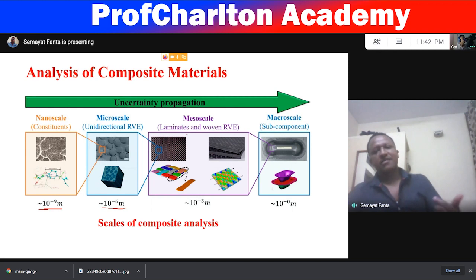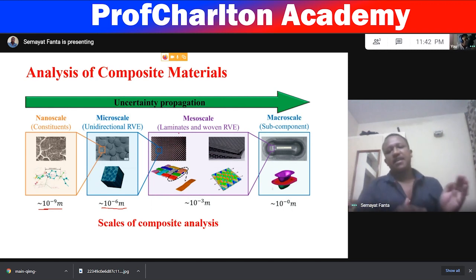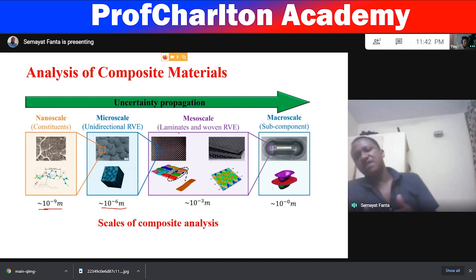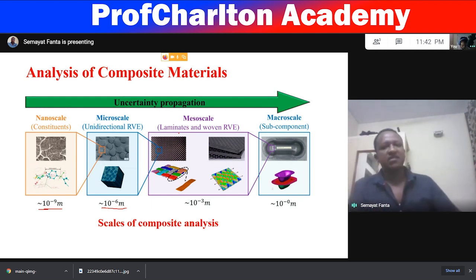Then the next is mesoscale, which is larger than the micro scale, which is in terms of millimeters. We can measure this unit in terms of millimeters. So most representative volume elements made from fiber and matrix are analyzed in terms of millimeter dimension. And then the macro scale will come.